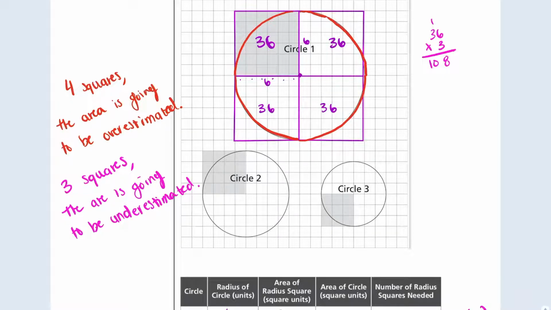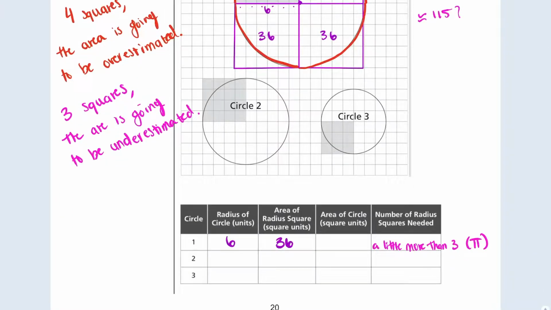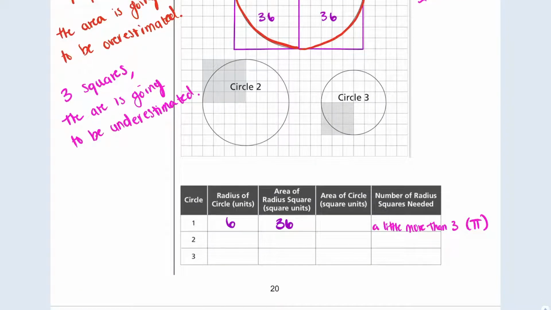And I know it's going to be a little bit more, so we're just going to approximate. So we're going to say approximately around like 115 or so, right? Just do your best. I promise it'll become more exact once we figure out the formula, but for right now, approximations are always good. Why am I writing in pink? I should be writing in purple.